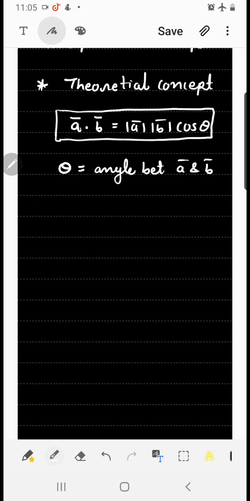But remember here, since we are multiplying two vectors, we need to mention something about their direction. So here theta is not just the angle between A bar and B bar.